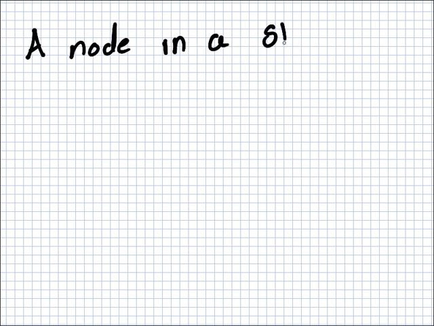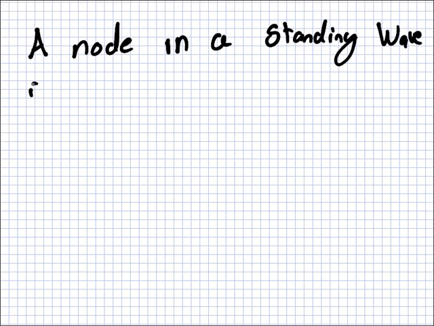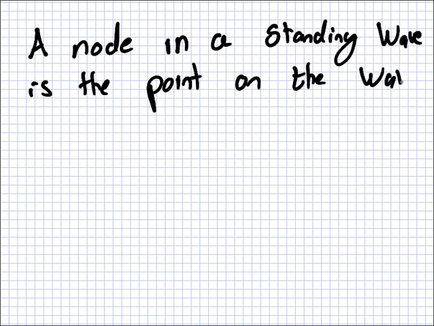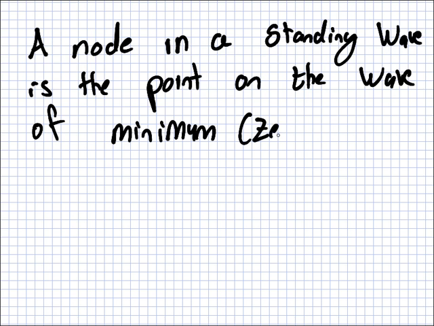A node in a standing wave is the point on the wave of minimum, usually 0 actually, amplitude.